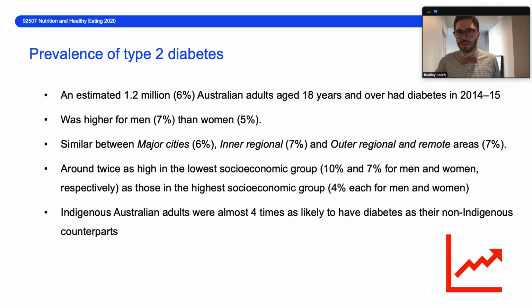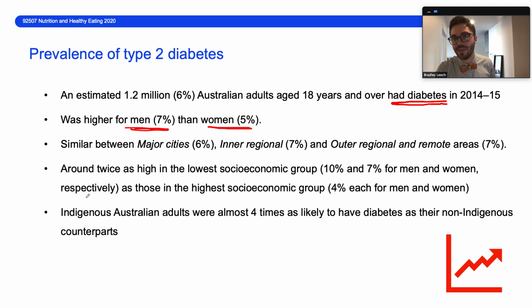Let's look at the prevalence of type 2 diabetes. An estimated 1.2 million, that is 6% of Australian adults aged over 18, had diabetes. Let's look at the difference in gender. Men have a higher prevalence of diabetes in comparison to women.